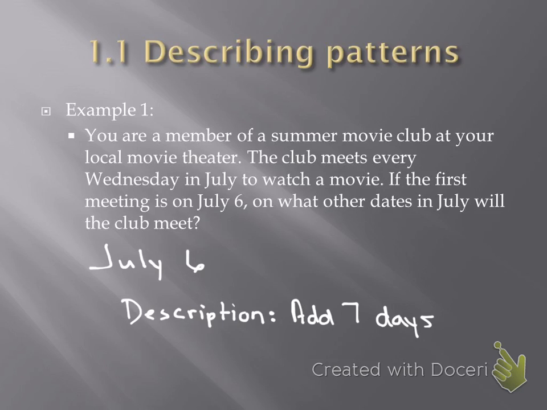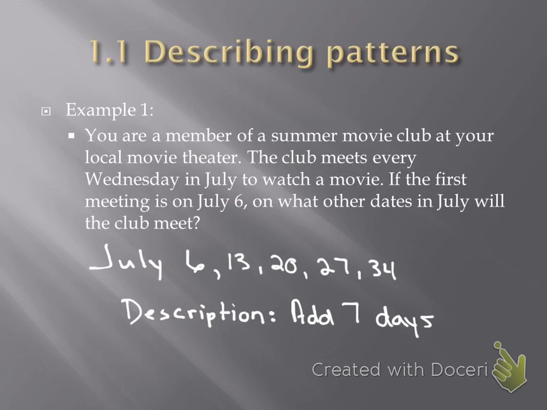So if I'm adding 7 days, what's going to be the next date that the club would meet? What is it? Yeah, very good, 13th. What would be the next date? 20th. Very good. What would be the next date? Very good. What would be the next date? 34th. Wait.